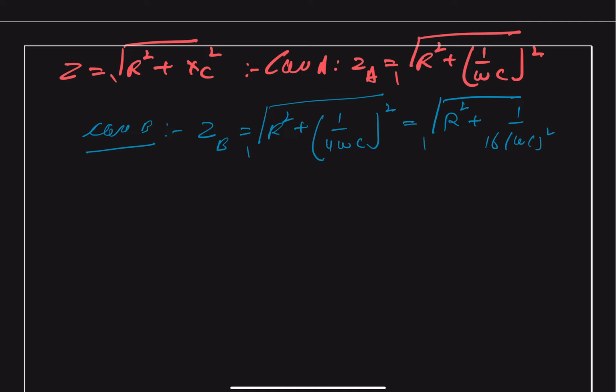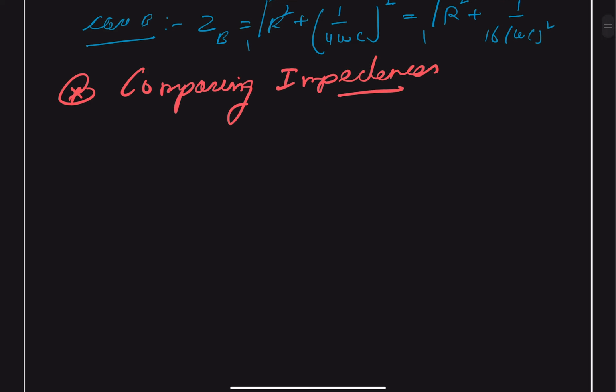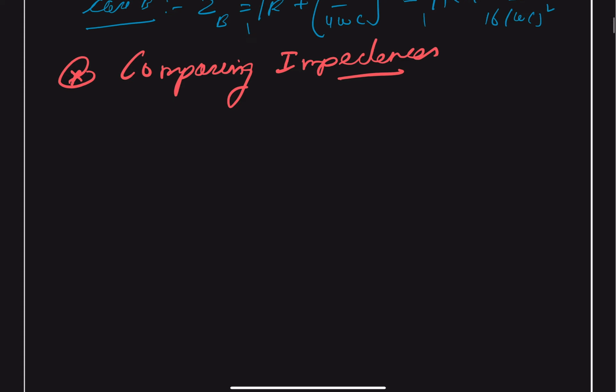So if we compare the impedances, we can clearly understand that the value of R will be the same in both cases, but if we compare the reactance of the capacitor in case A and case B, we can clearly understand that 1 upon 16 omega C whole square will be less than 1 upon omega C square.